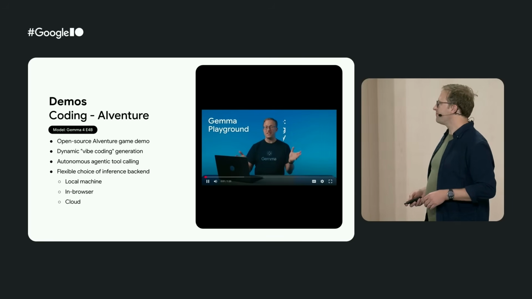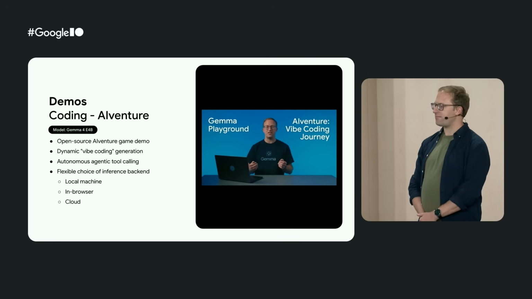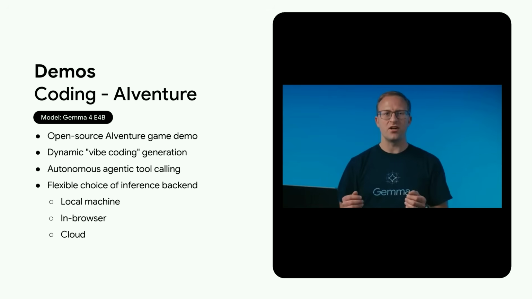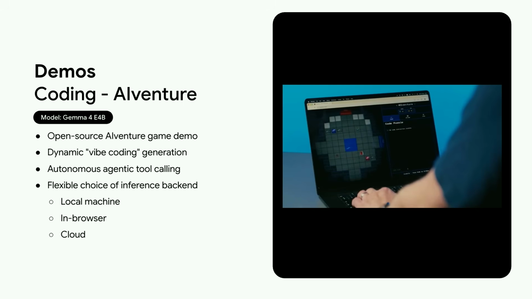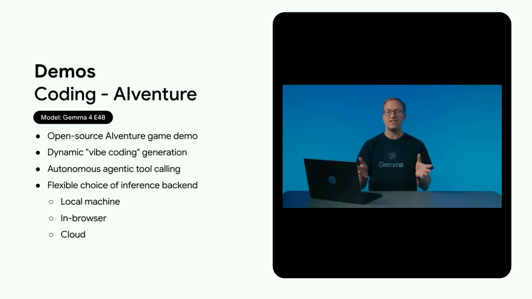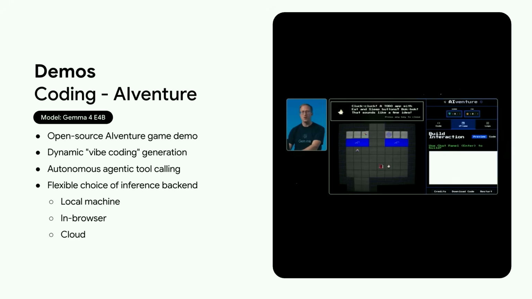Want to learn how to build agentic workflows and integrate vibe coding into your apps? Well, we built AI Venture, an open source retro dungeon crawler that doubles as a Gen AI masterclass for developers. Built on an Angular and Phaser.js stack, AI Venture is powered by Google's Gemma 4 open weights model. First, we'll explore vibe coding. You prompt a chicken NPC to build a web app.